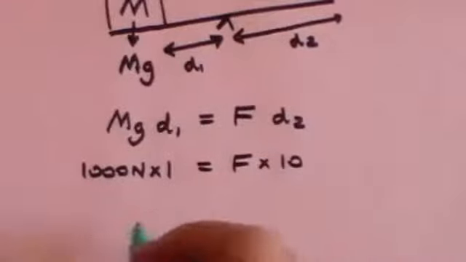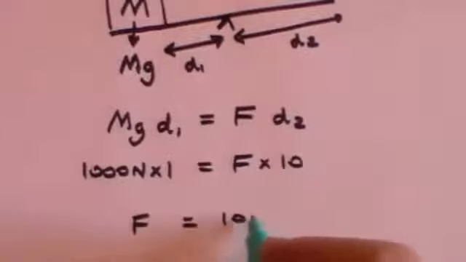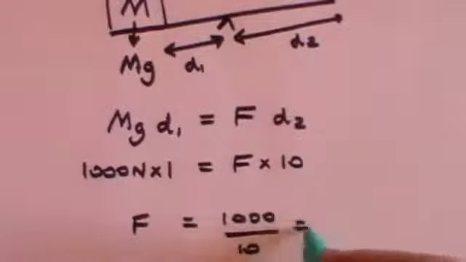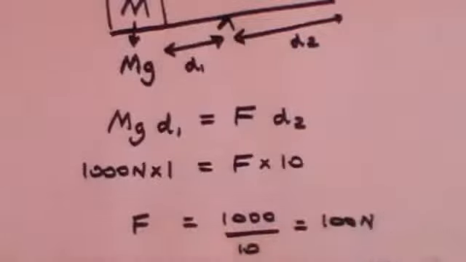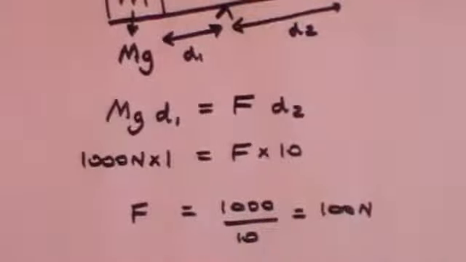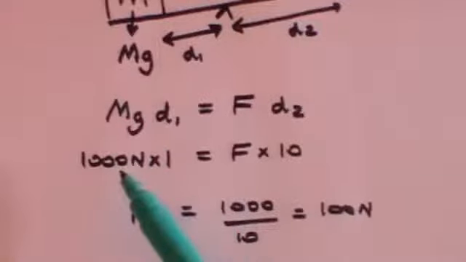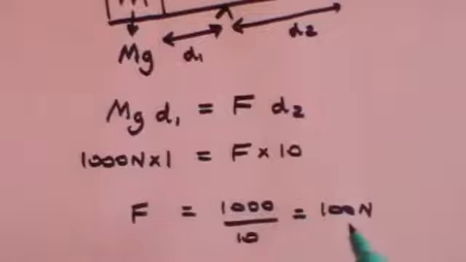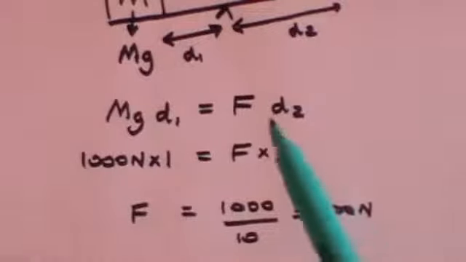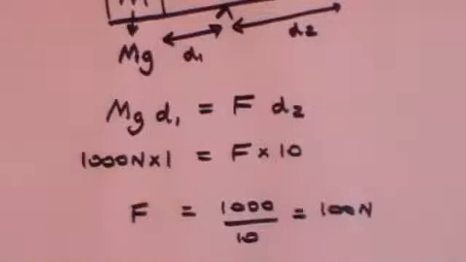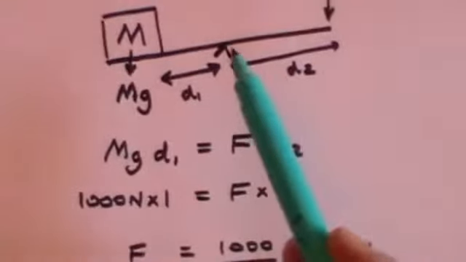Then you can see that the force will equal 1,000 divided by 10, which is 100 newtons. In other words, we can lift a mass, or rather a weight, of 1,000 newtons simply with a force of 100 newtons, provided we are 10 times further from the pivot point than the weight is.